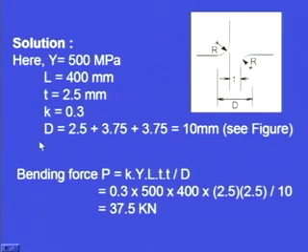Once we know D, we know K for the wiping die is 0.3, we know the thickness is 2.5, we know the length is 400 millimeter, and we know the yield stress Y as 500 megapascal.